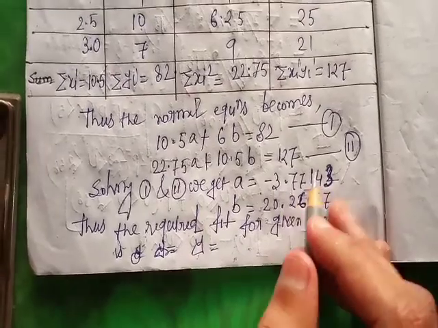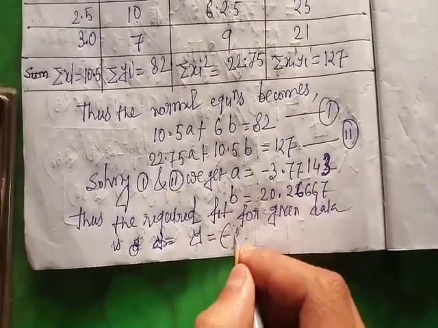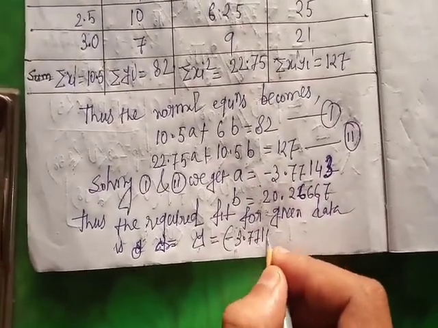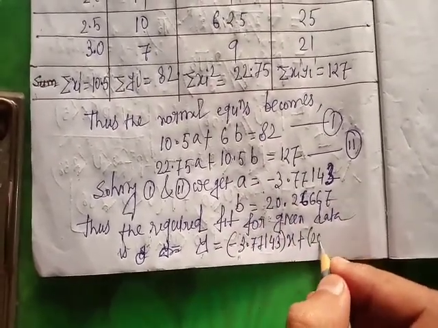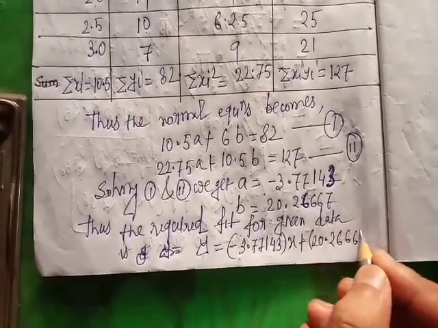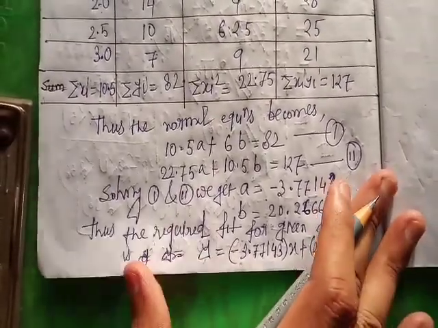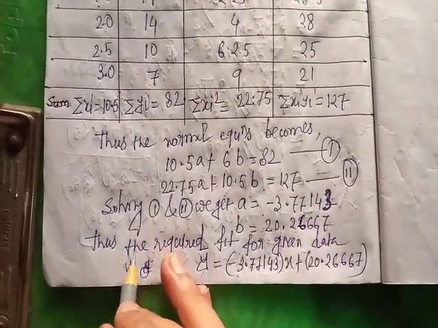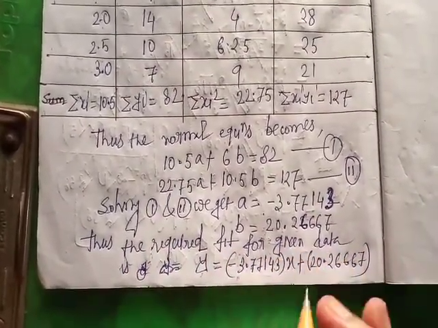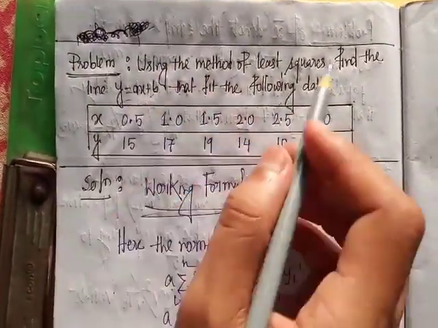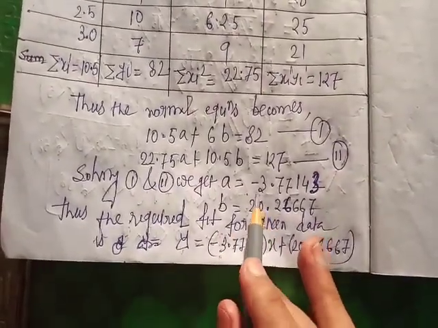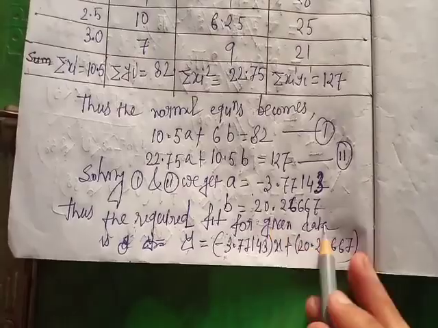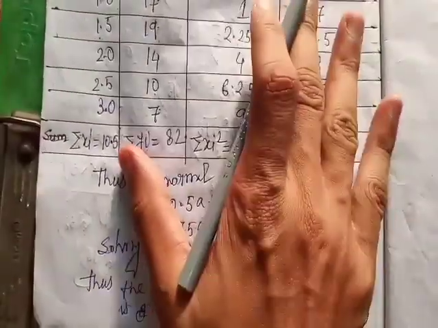Here a is minus 3.77143 and b is 20.26667, so y equal to minus 3.77143 x plus 20.26667. This is the required answer. The question was to find the line y equal to ax plus b, so a is this, b is this, and this is the required result. Very easy.